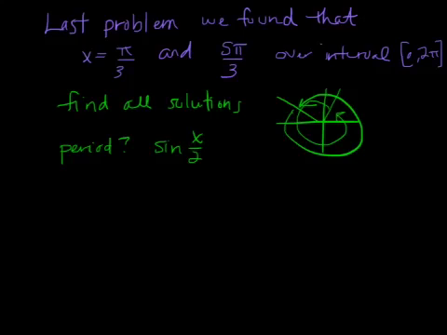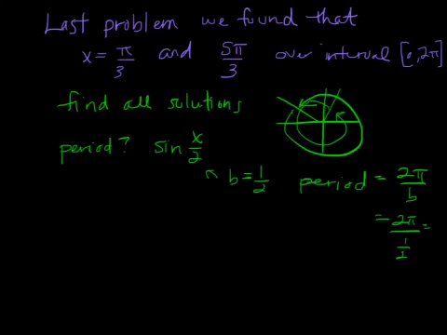Okay, so if we just look at sine of x over 2, our b value is equal to 1/2, because b is the number that's being multiplied by x. So then our period is going to be equal to 2 pi over b, which would be equal to 2 pi over 1/2, which is equal to 4 pi.